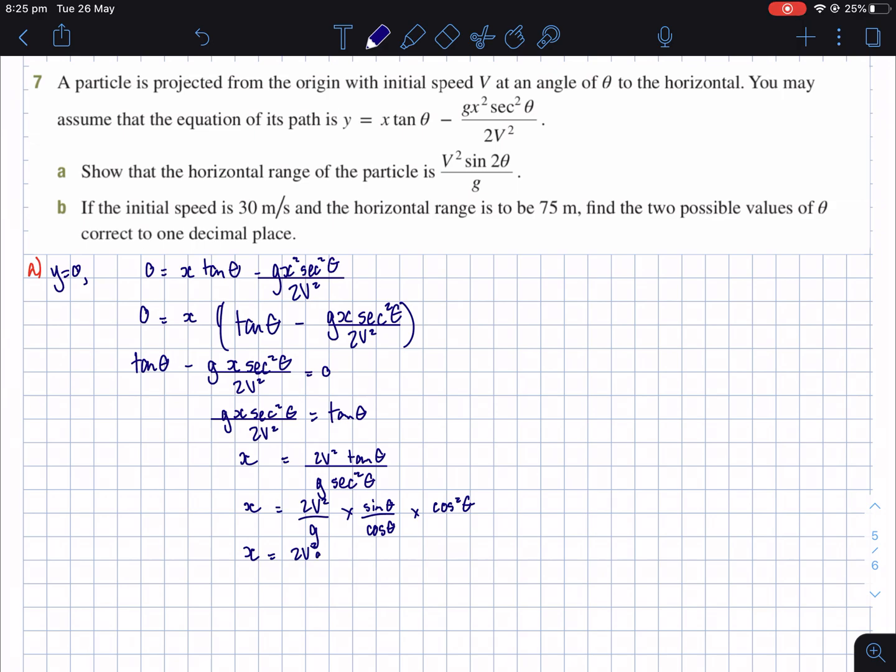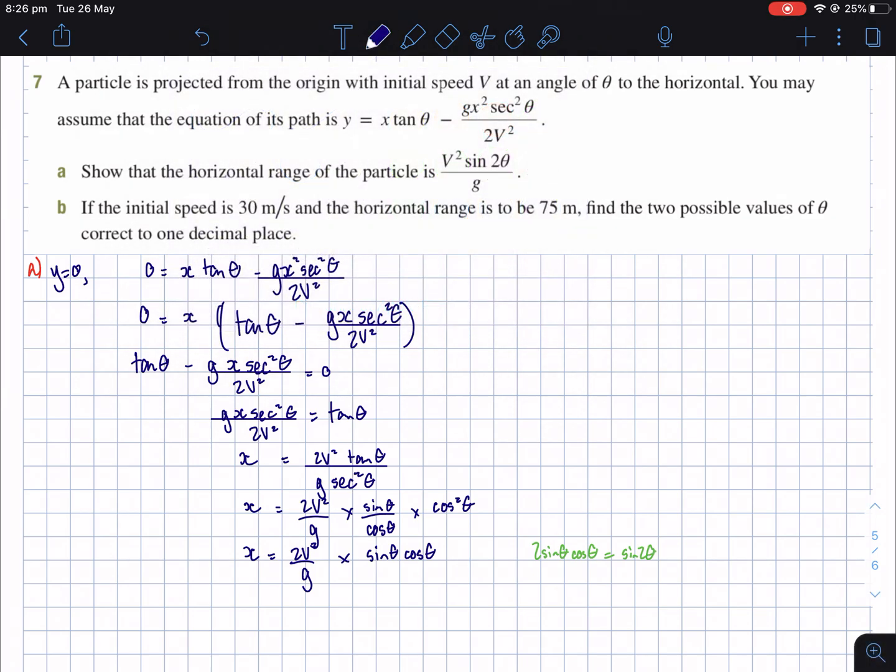V squared over g, times, so one of the cos is going to cancel out, and I've got sine theta cos theta, and you should remember, and it's on your formula sheet if you don't, 2 sine theta cos theta equals sine 2 theta, if I'm remembering correctly.